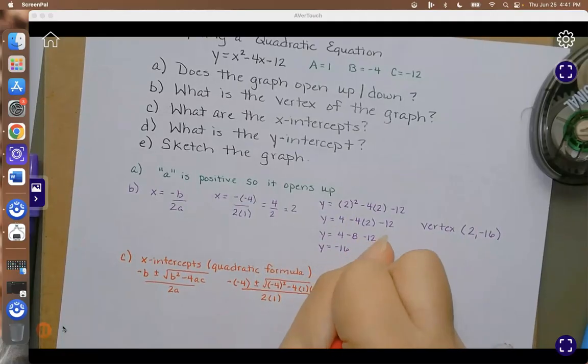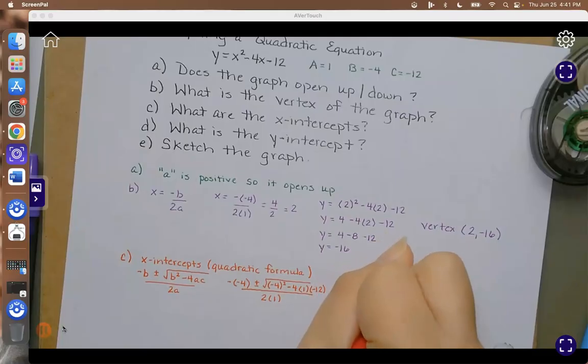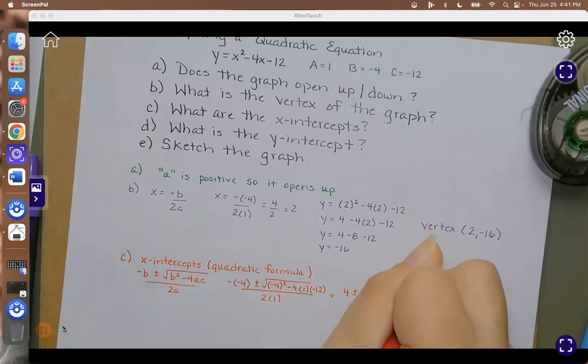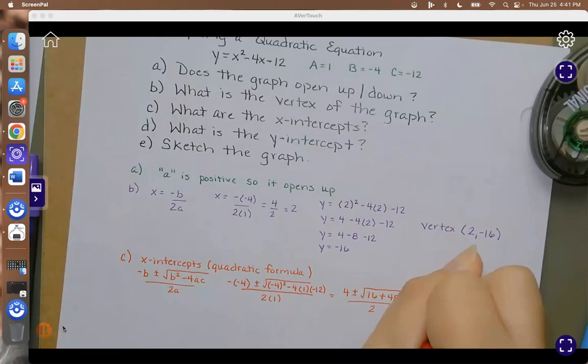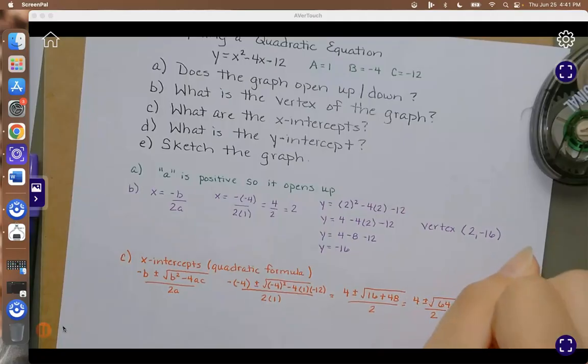So this gives me 4 plus or minus the square root of 16 plus 48 over 2, which is 4 plus or minus the square root of 64 over 2, which is 4 plus or minus 8 over 2.